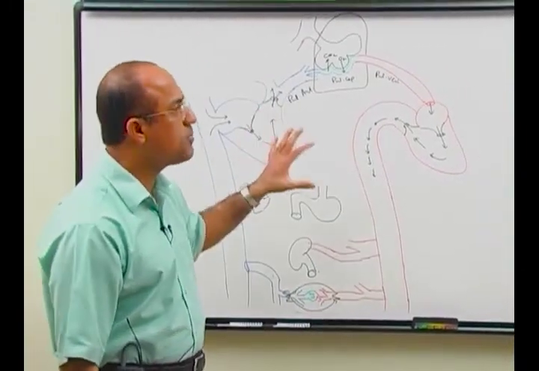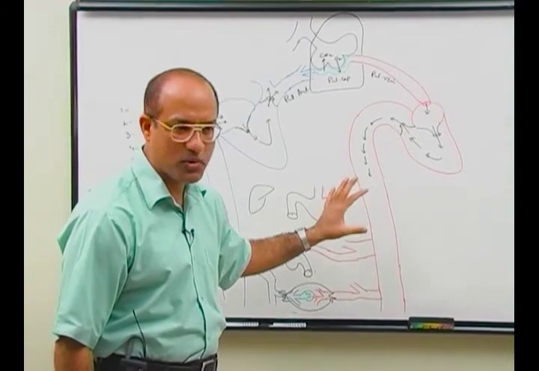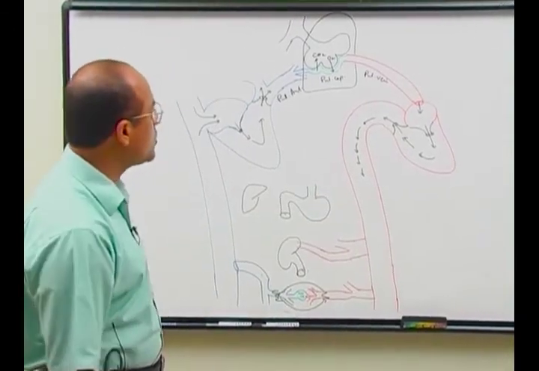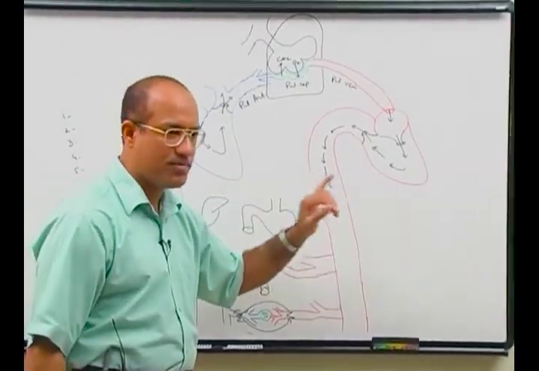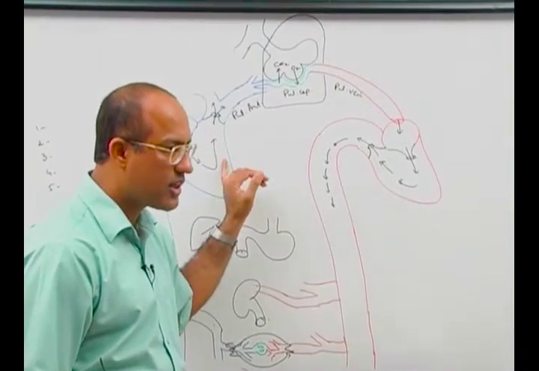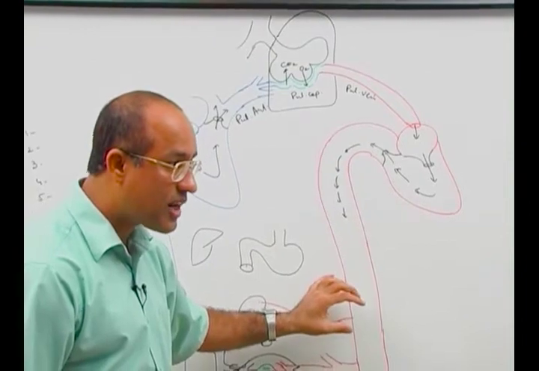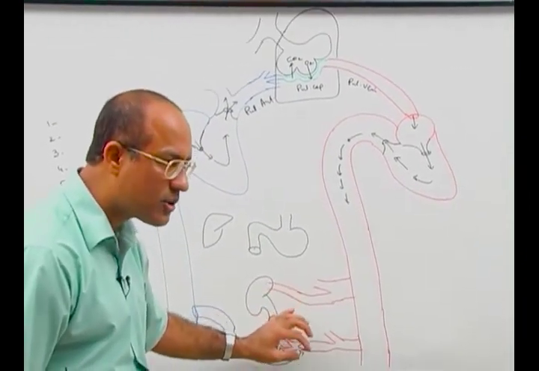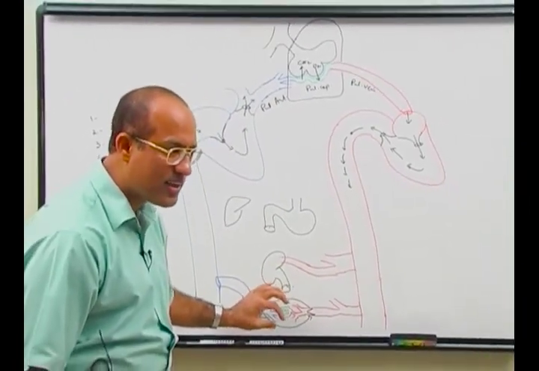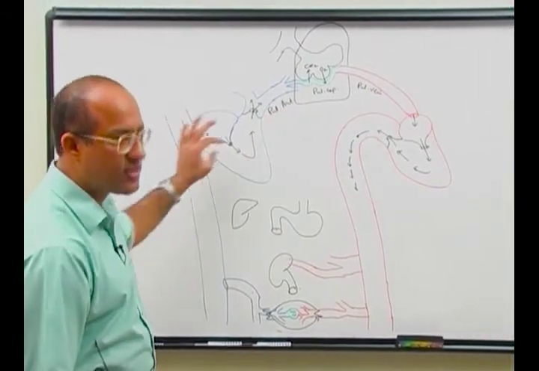This was the very basic idea about the circulation, right? Now we will go into detail of the heart. First we will discuss the heart in detail, then we will discuss major arteries, medium sized arteries, small arteries and arterioles, then we will discuss capillaries, and eventually we will come to the venous system.